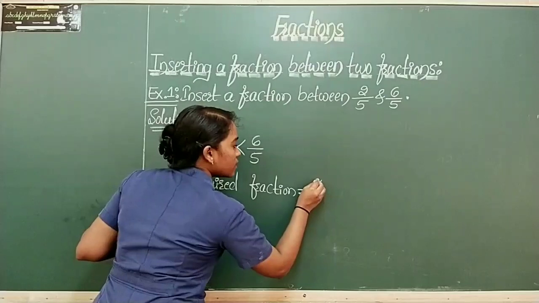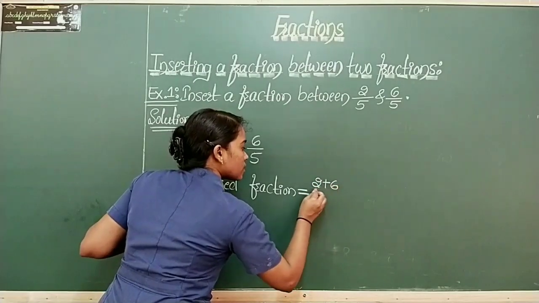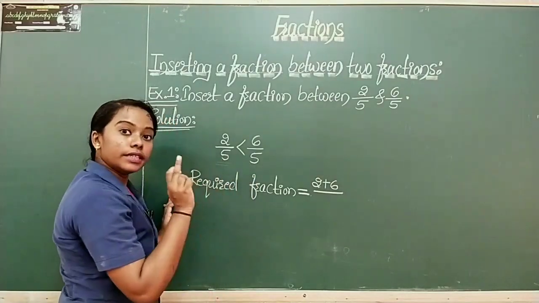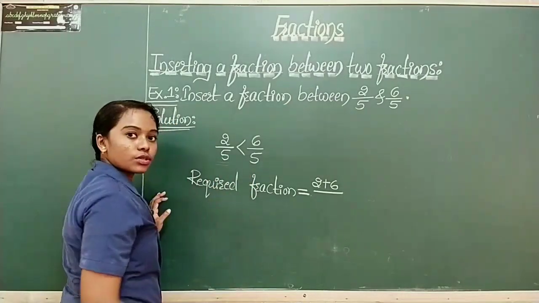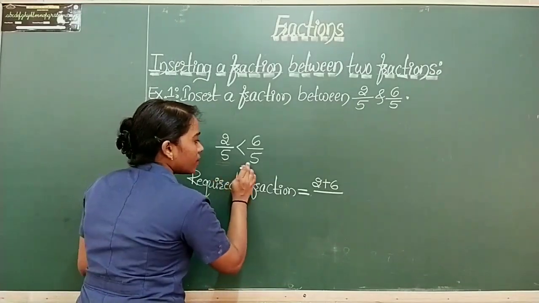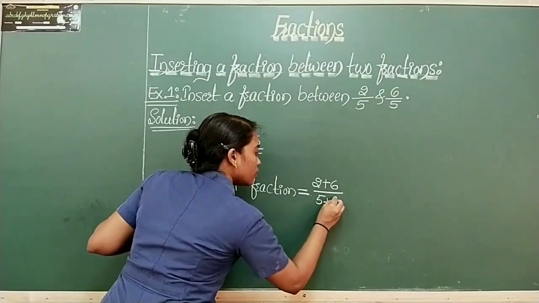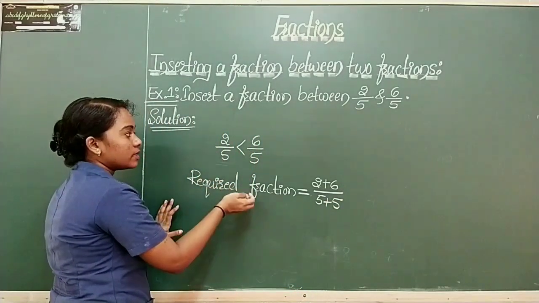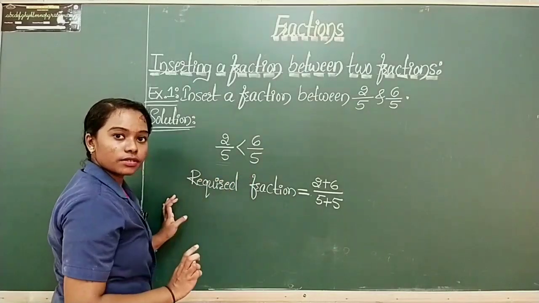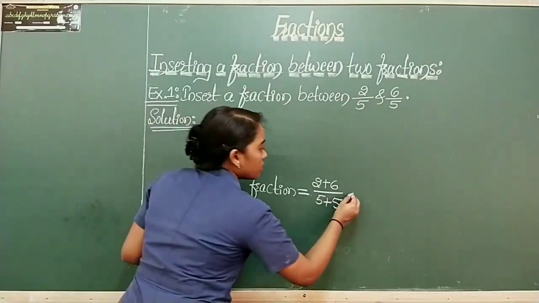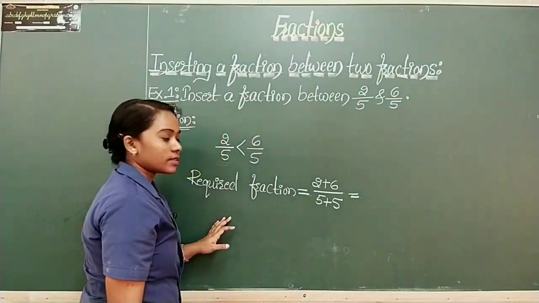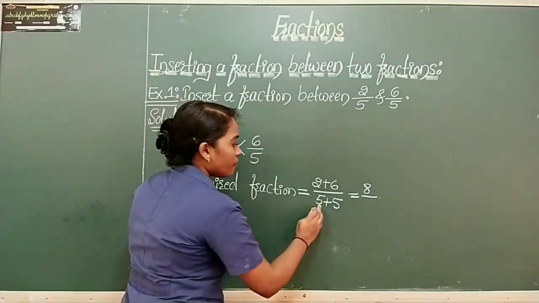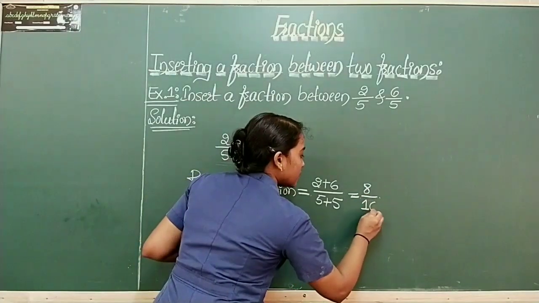Add the numerators: 2 plus 6, divided by. Similarly, you have to add the denominators of these two fractions: 5 plus 5. Simply, you have to add the numerators and denominators of the given fractions. Now simplify it. 2 plus 6, we get 8, by 5 plus 5, we get 10.